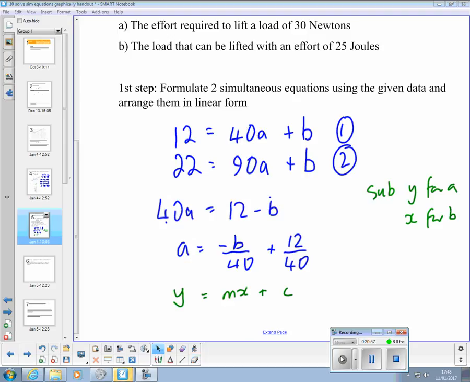So that's what you should have. Do you agree or not? I've taken B from both sides, I just changed the order here, and divide by 40. So that's the first one.